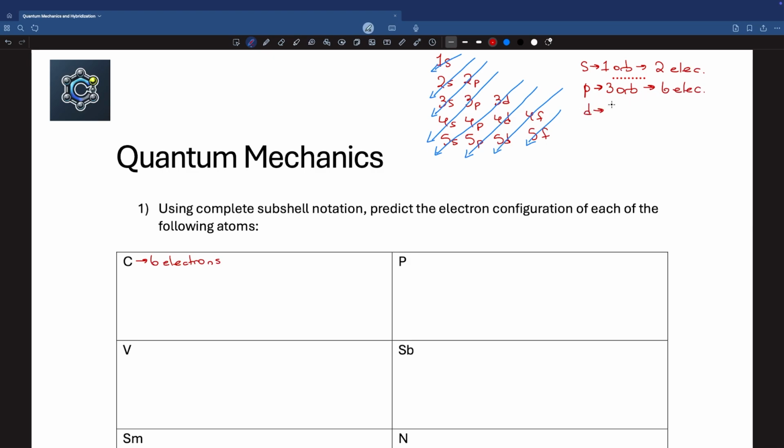The d has 5 orbitals, which means it could fit a maximum of 10 electrons. And the f has 7 orbitals, which means it could fit a maximum of 14 electrons. So we wrote ourselves a little reference sheet to be able to write down the electron configurations.